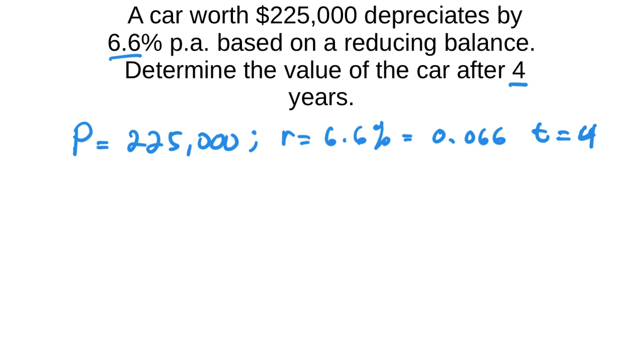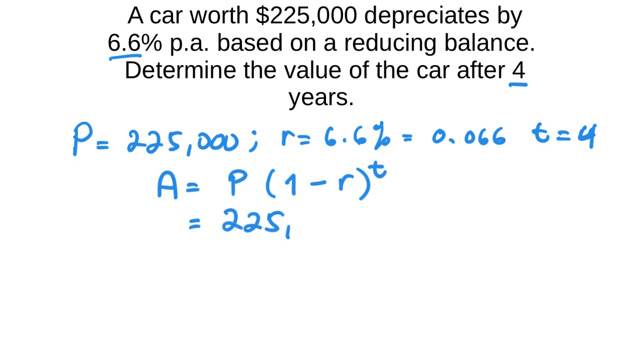Okay, so with all of these things given, let's put it in our formula. A is equal to P(1 - R)^T. Our P here is 225,000 multiplied by 1 minus 0.066, and we're going to raise that to 4.